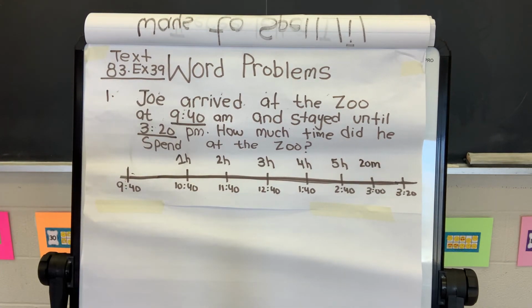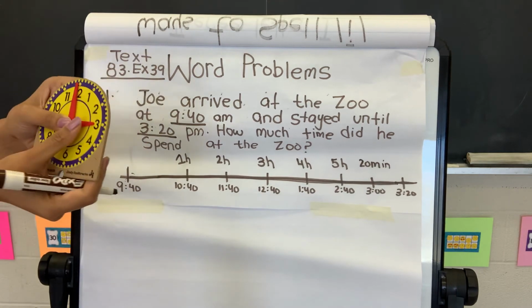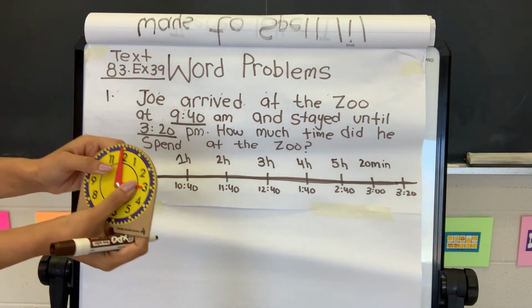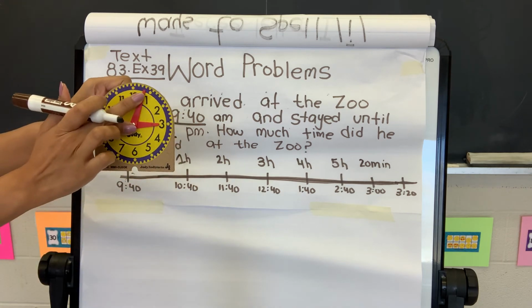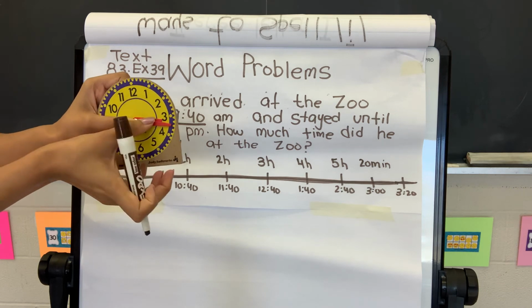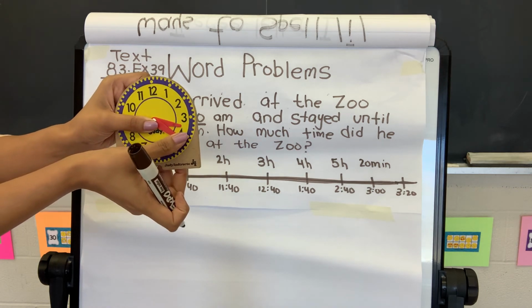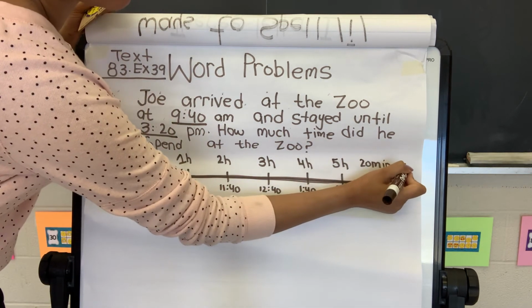So I have 20 minutes, and then I need to go all the way from 3 o'clock to 3:20. So 5, 10, 15, and 20. That means I have another 20 minutes.